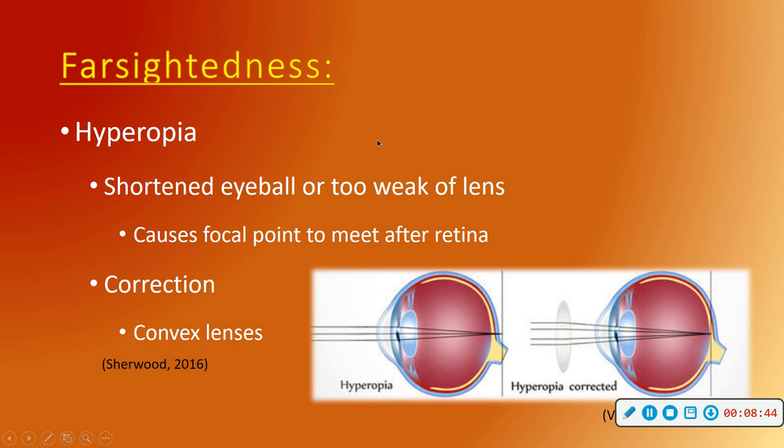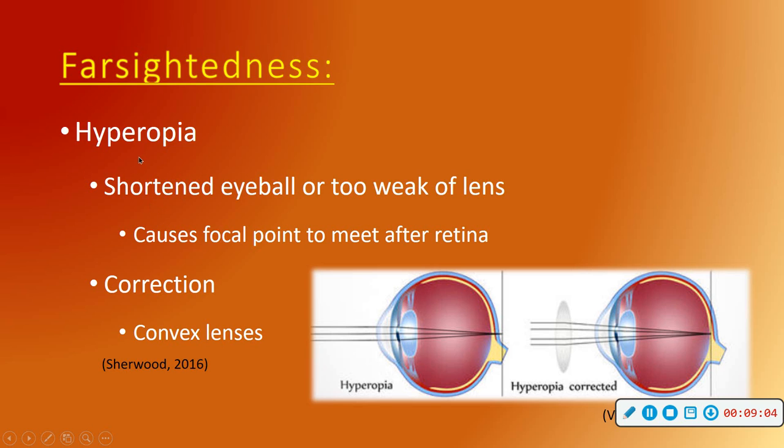Okay, now if someone suffers from farsightedness, we say that they have hyperopia, meaning that they can't see close up. They have issues with their ciliary muscle contracting and loosening when it needs to.